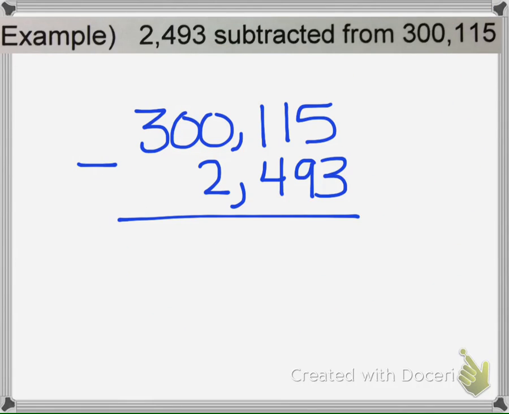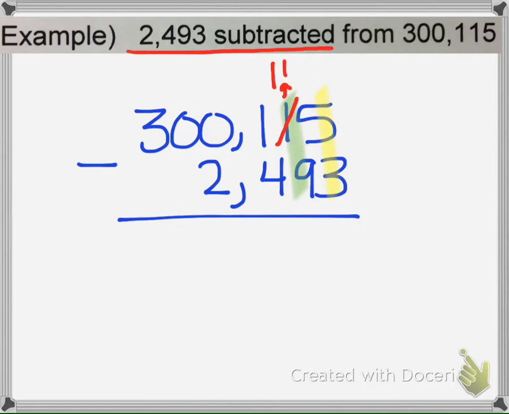All right, next example here, we're going to go ahead and subtract 2,493 from 300,115. So if we look here, 5 is bigger than 3, so we're good there. If we look here, though, 1 is not bigger than 9, so we're going to have to borrow. So we're going to borrow 1, bring this 1 up, now make that 11.